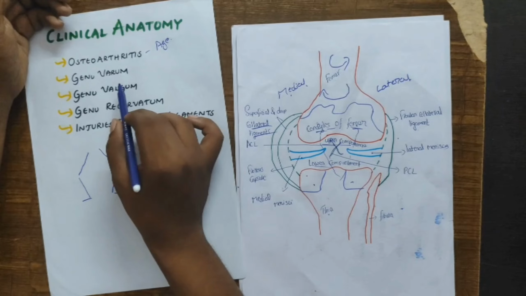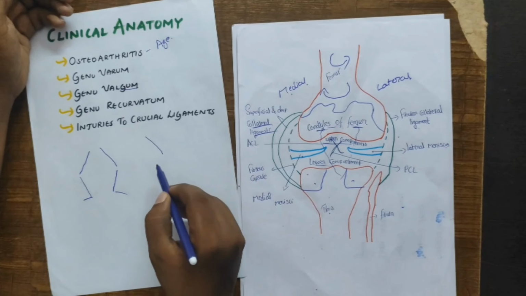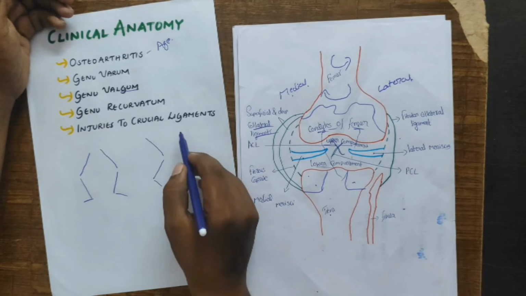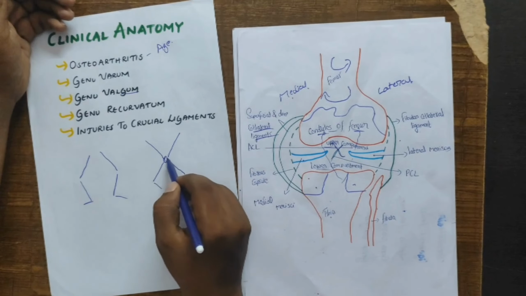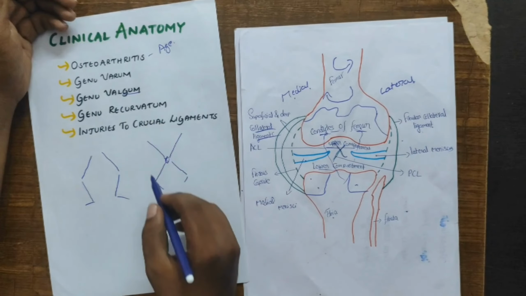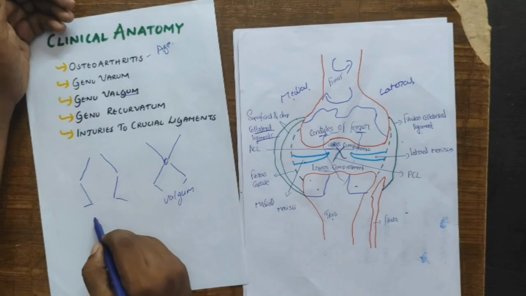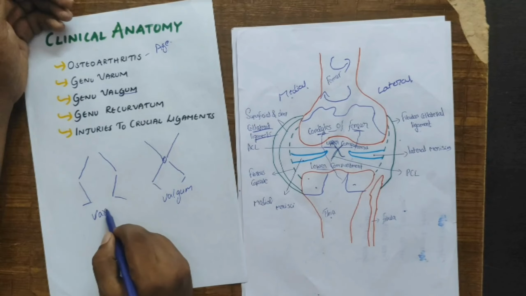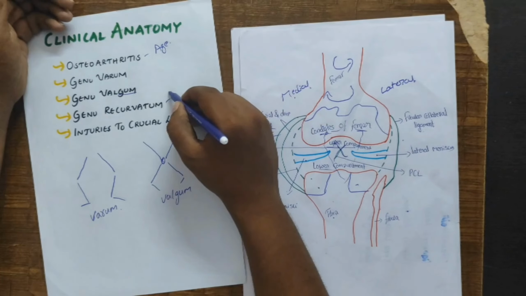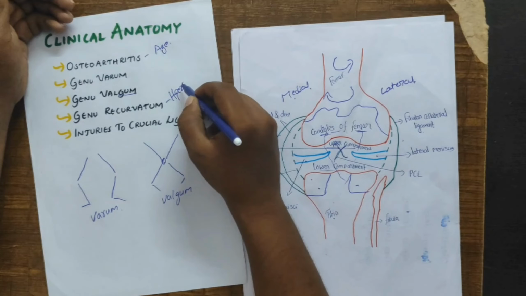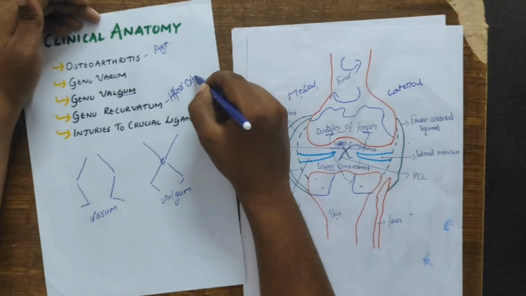Genu valgum means knock knees. Coming to genu recurvatum, it means hyperextension of the knee joint.